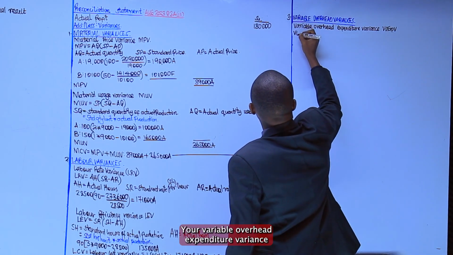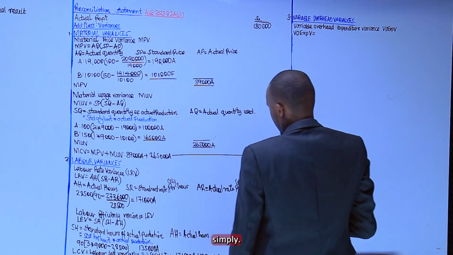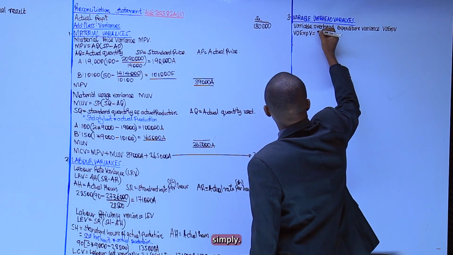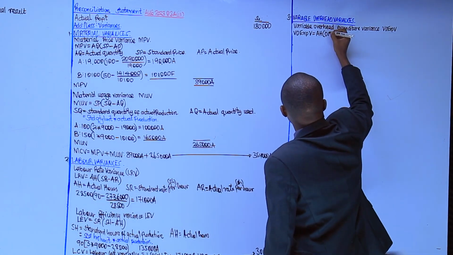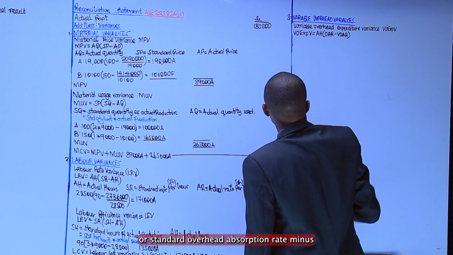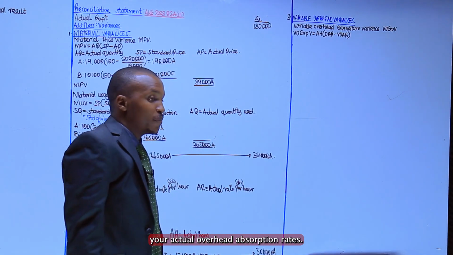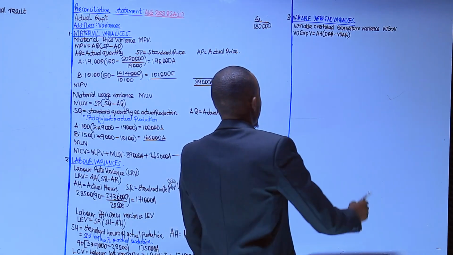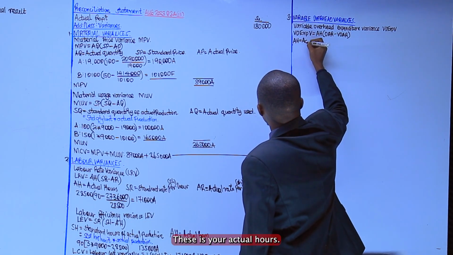Your variable overhead expenditure variance is simply your actual hours, your budgeted or standard overhead absorption rate minus your actual overhead absorption rate. This is your actual hours.